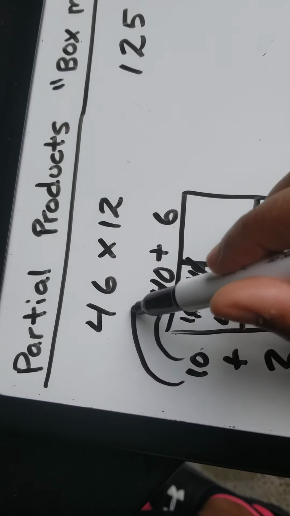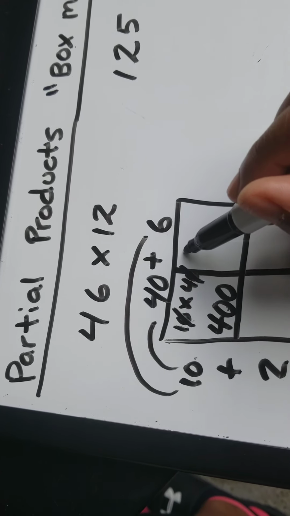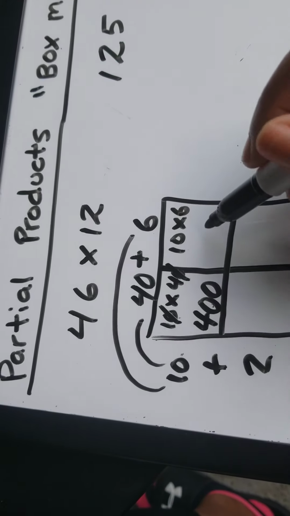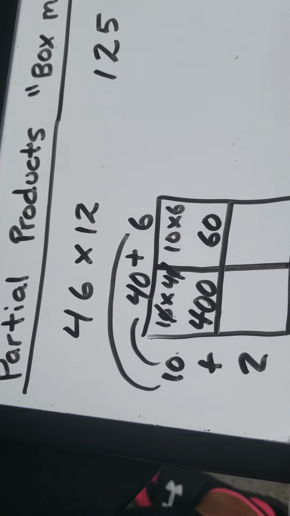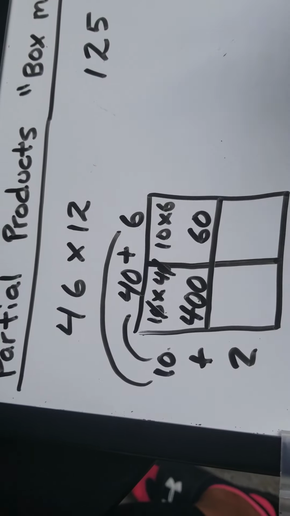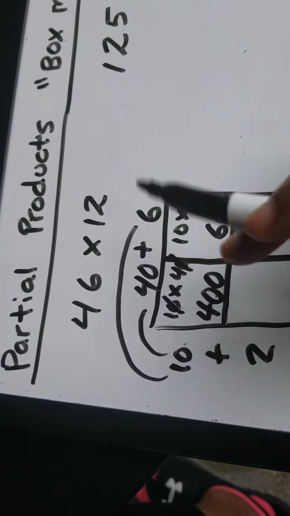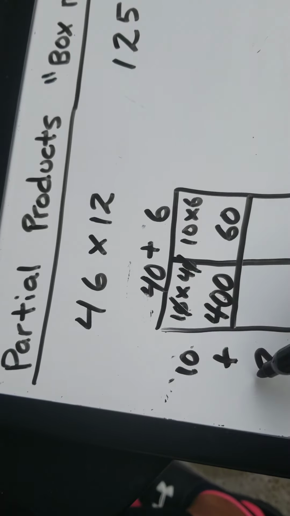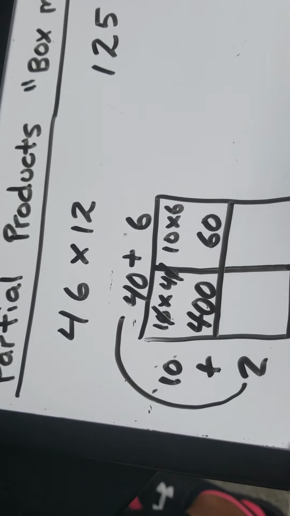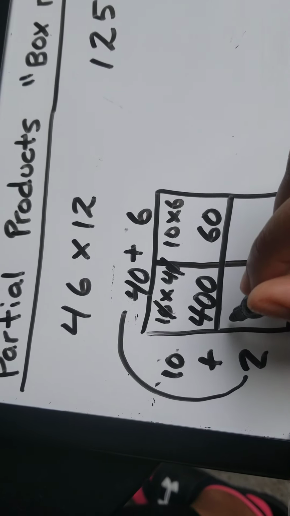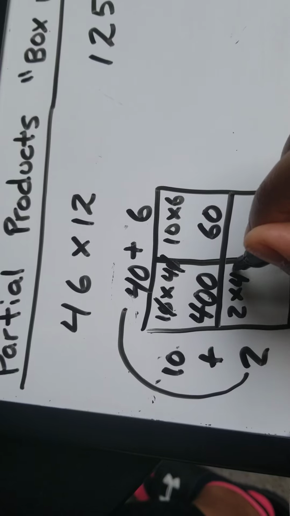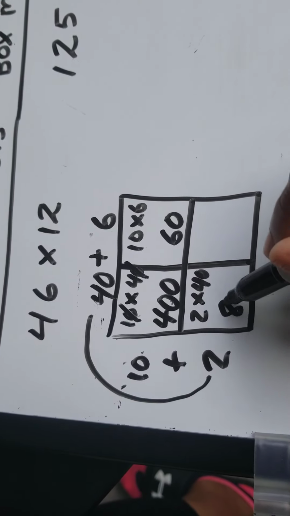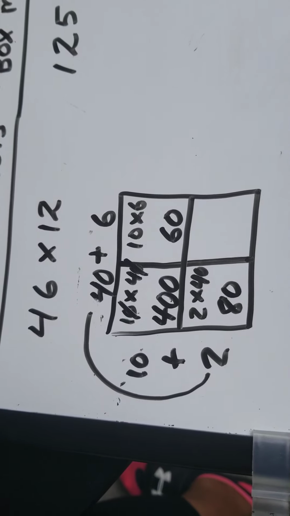Now we're going to take 10 times 6. 10 times 6 equals 60. Now we're going to multiply the next digit. 2 times 40 is 80.